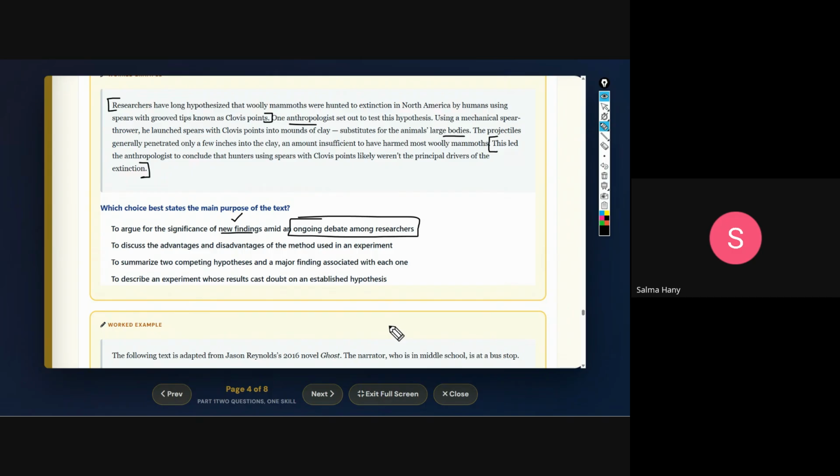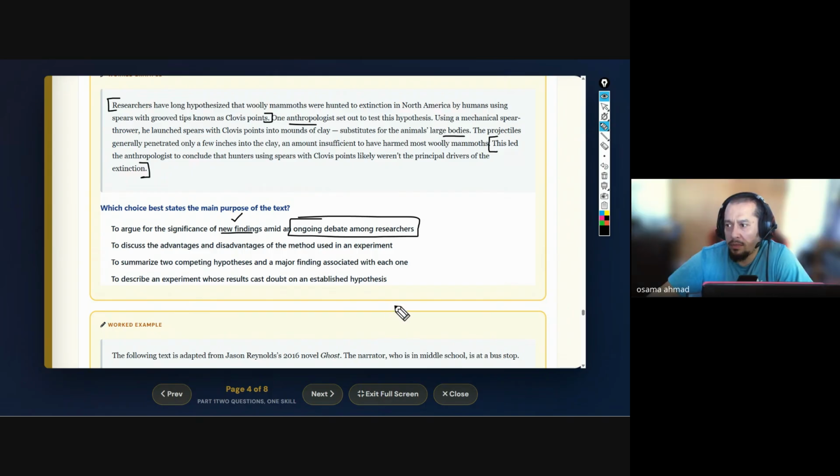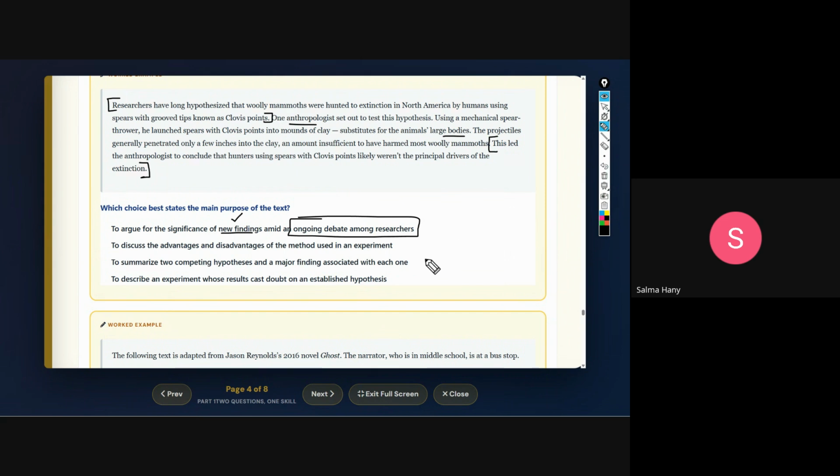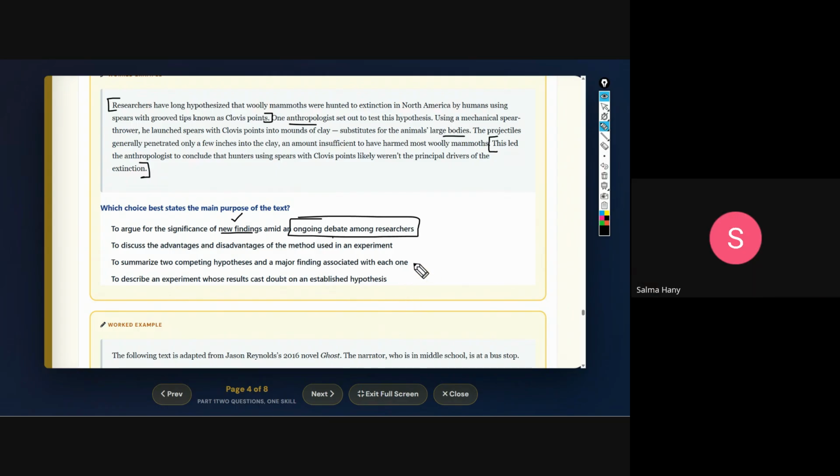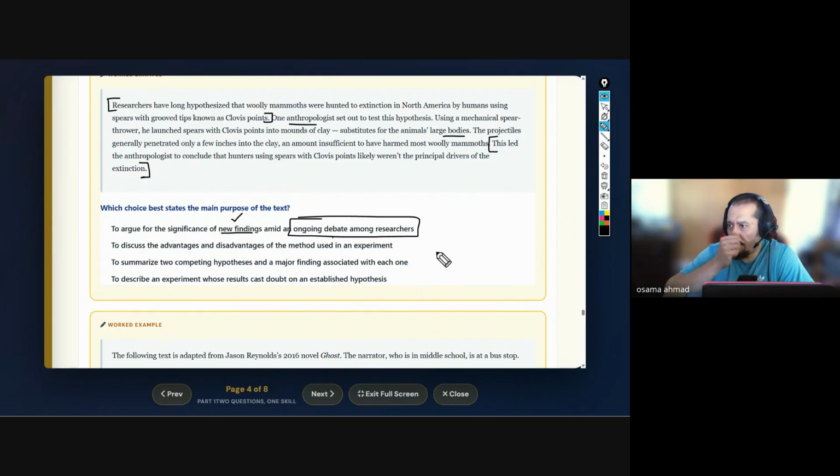It's in the beginning. Where? Researchers have long hypothesized. Hypothesize. Okay, what's a debate? Different opinions. So where are the different opinions among researchers? They long hypothesize. So this idea has existed in the field for a while. So where are the differences? Yeah, it's not there.